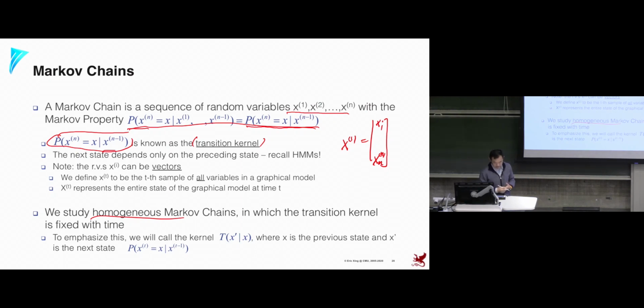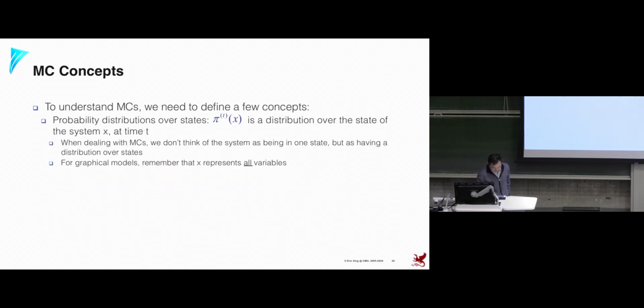In a sense, the way the future depends on the past isn't changing. To make that more explicit, I introduced this notation called the kernel, also known as the transition kernel. And then let's define a few concepts.